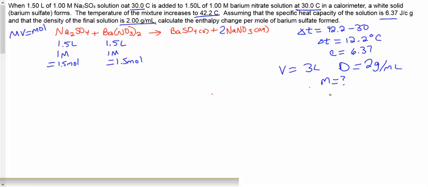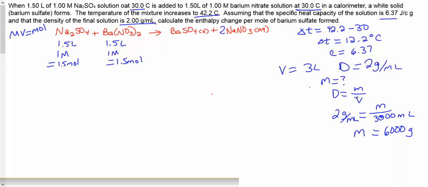From our formula, density equals mass over volume. We know that we have a density of 2 grams per milliliter, we're looking for our mass, and our volume is 3 liters, that's 3,000 milliliters. So we'll solve for our mass. Our mass is equal to 6,000 grams.